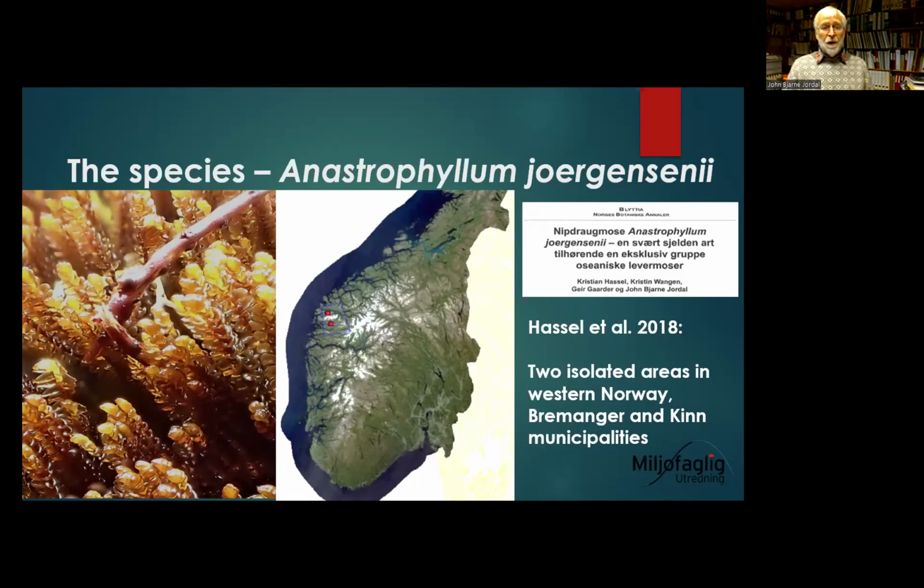And we have written about this in 2018 in Norwegian, in a Norwegian paper called Blytia. There is a rather small population of this one, and similar to Scapania nimbosa, it seems to have a very poor ability of spreading. So it hasn't reached its potential habitats.